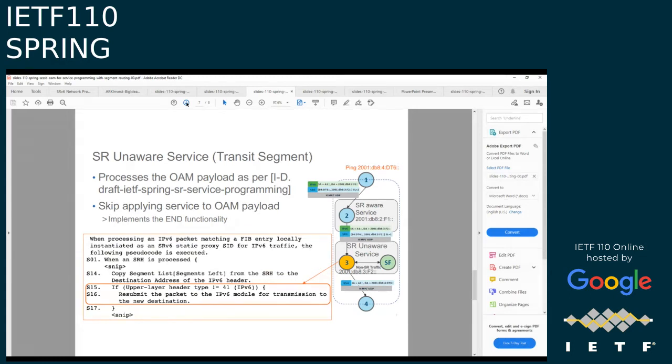Now we're going to take an example where an SR unaware service is a transit to a ping packet or O&M packet payload.